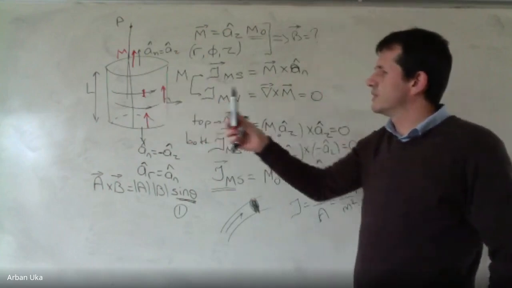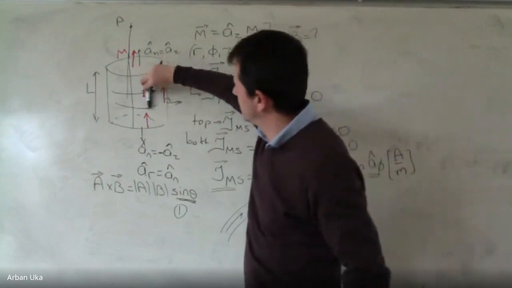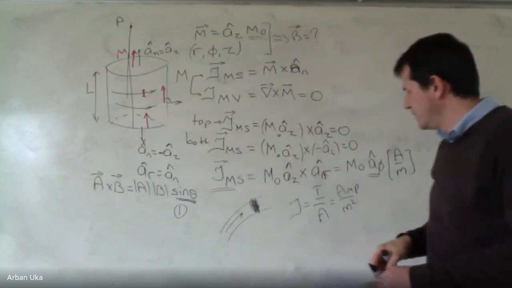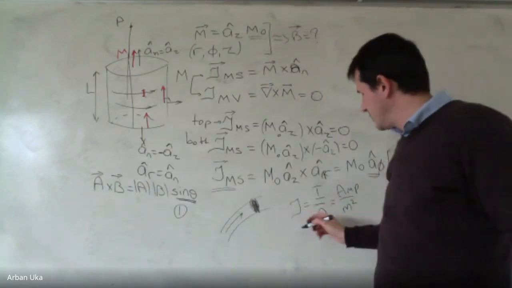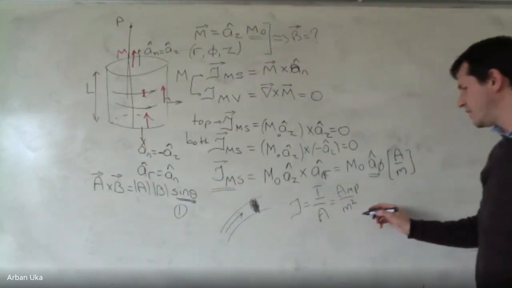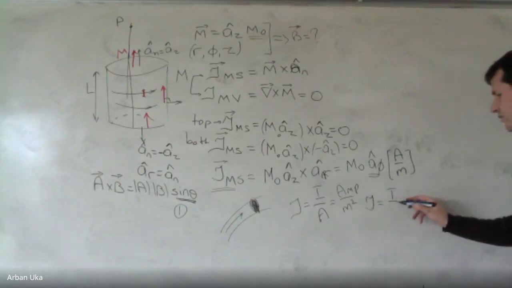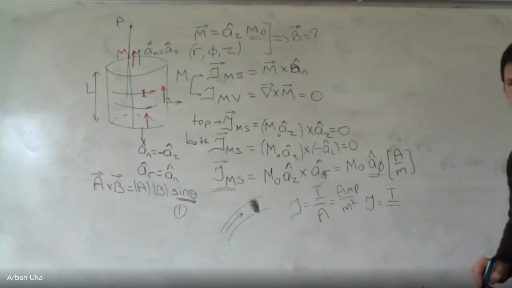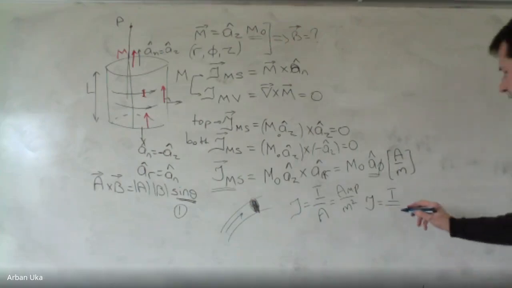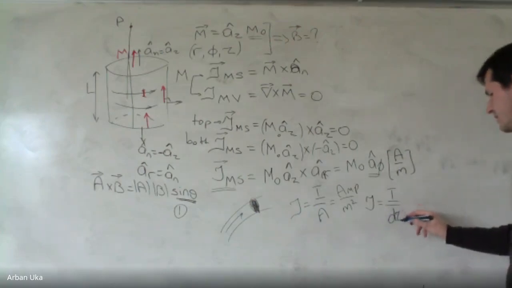So the current is circulating like this, and then here we have this is stopping, which means that the current density now, similarly to what we had here in the wire, is going to be equal to I over length. And this length is going to be dz.